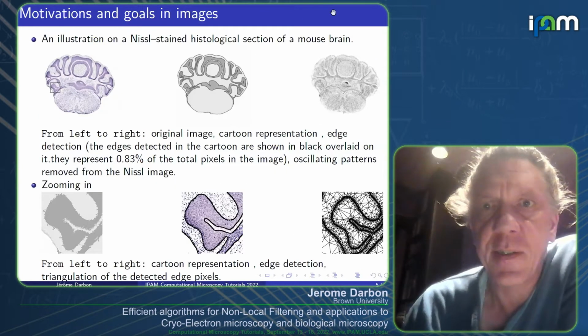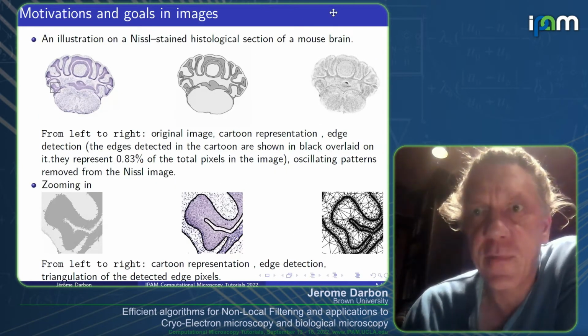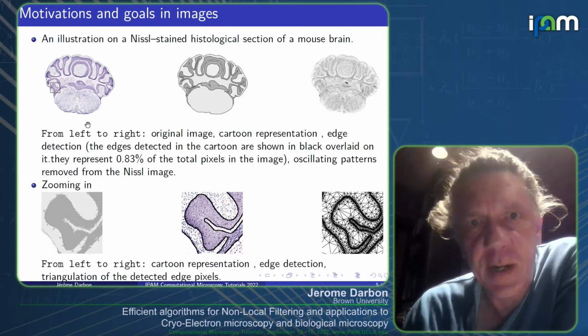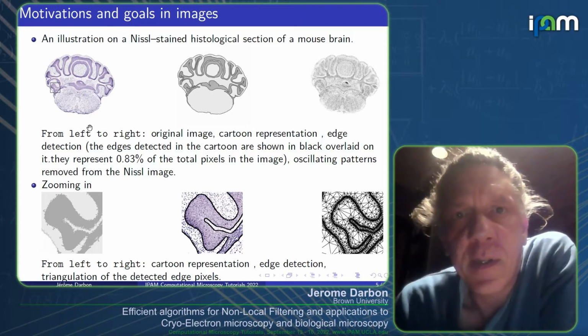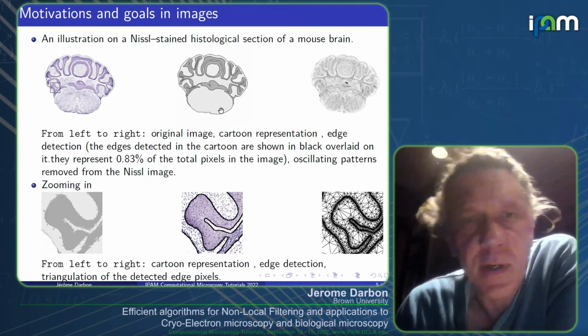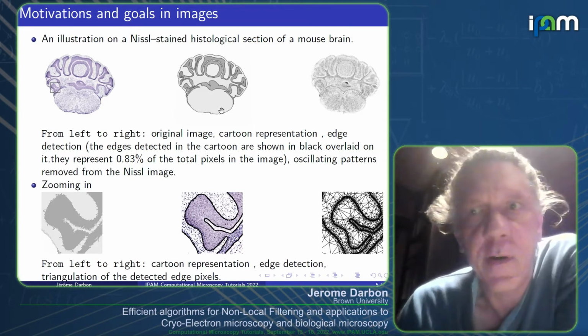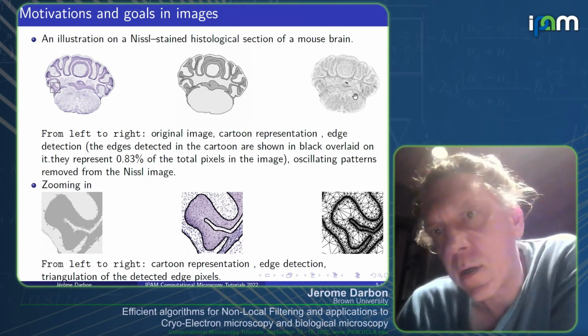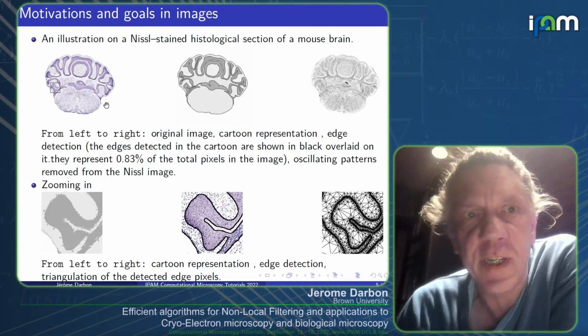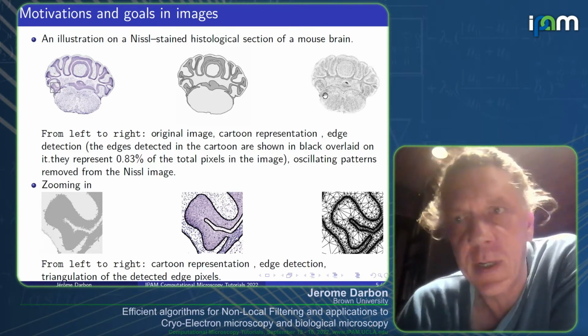I have another application about the Nissl stain, histological dissection of a mouse brain. So this is the original that you see on the top left. Then after some filtering, you can essentially extract the significant contours of this image. On the top right, I show the difference between this cartoon representation and the original image.